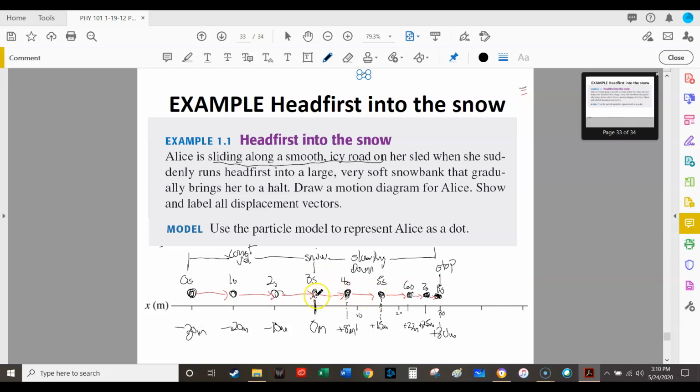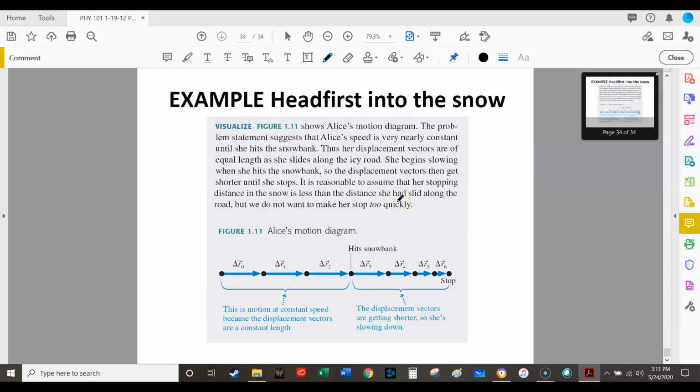That means her displacement vectors get shorter for each one of these 1 second time increments. Each time increment, she's got shorter and shorter displacement vectors, which are those red vectors. Let's check our drawing and see what they've got.